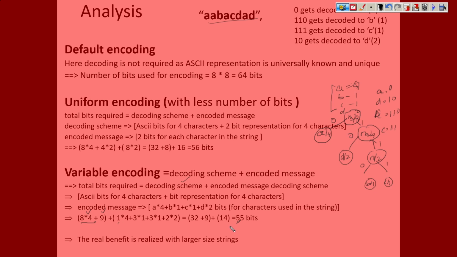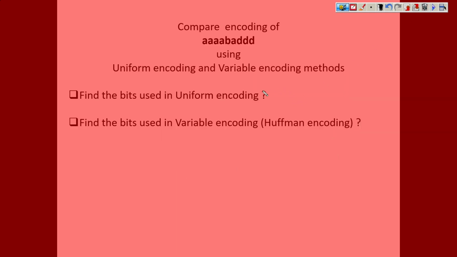So variable encoding is very much used for compression techniques. So let us quickly understand how we can find the number of bits required for uniform encoding and variable encoding if we want to encode this particular word.